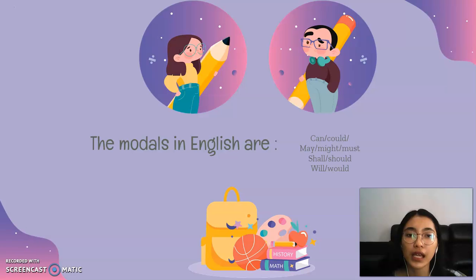So 2C is can and could, 3M is may, might, and must, 2S is shall and should, and 2W is will and would. So these are the English modals.